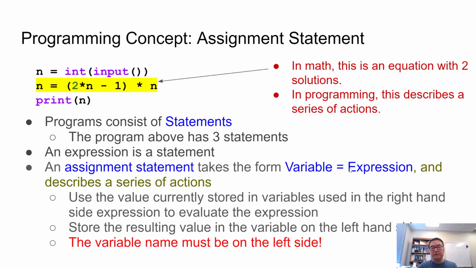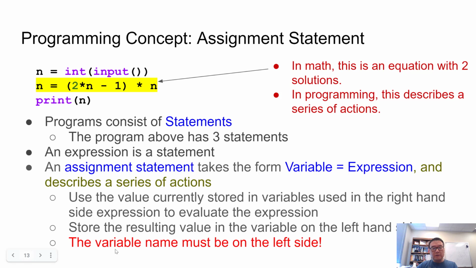Because this expression uses n, we will use whatever value n has, and use that to evaluate the expression. We get a value, and then we store the resulting value back into n. So after the execution of this statement, the value of n is likely to change.